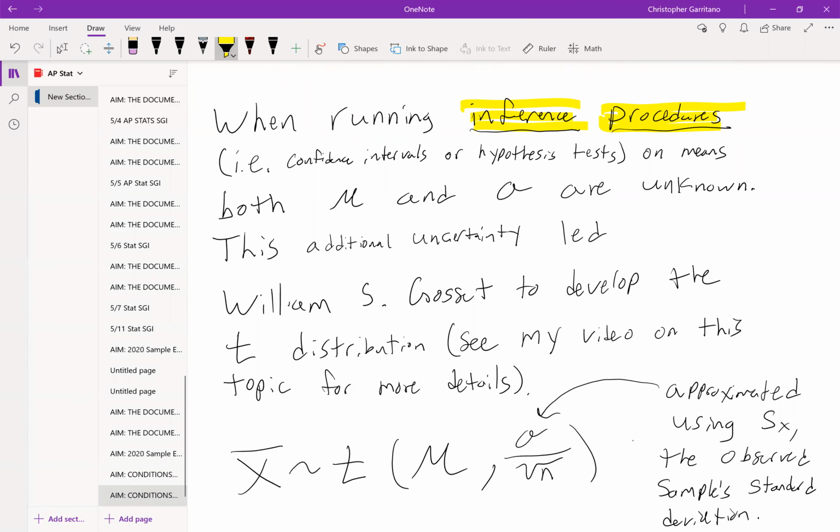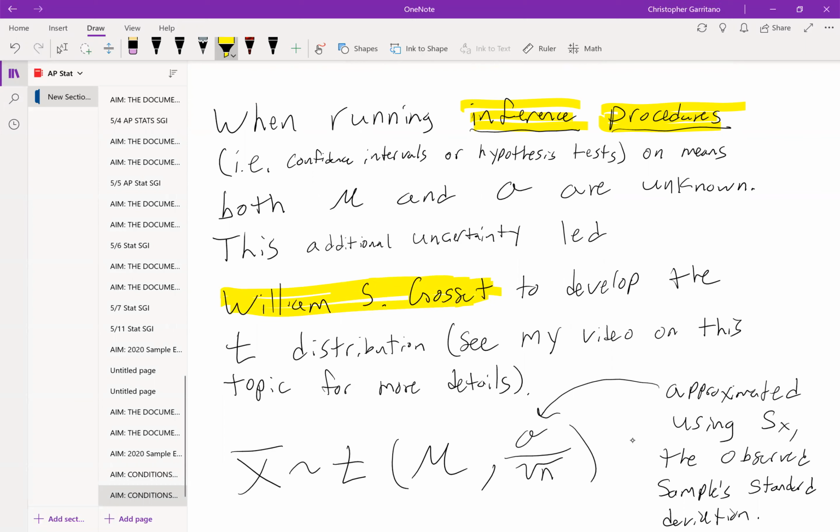Now, I went into this in detail in my other video about a month and a half back now. So if you want the details, please go check that out. This is just meant to be sort of an overall review video. So anyway, William S. Gossett developed what's called the t-distribution.